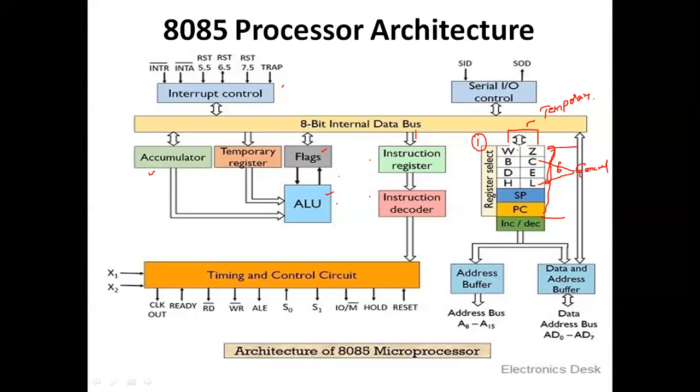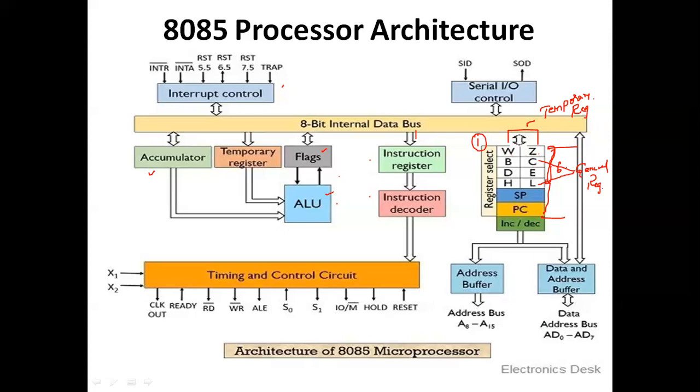In this register section, W and Z are the temporary registers. B, C, D, E, H, L are the general purpose registers.